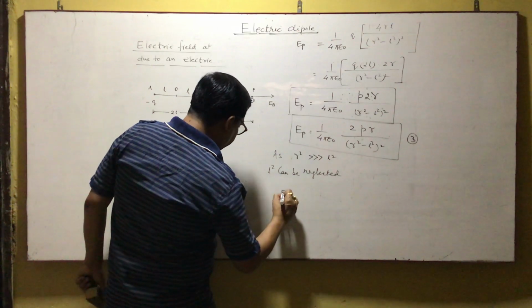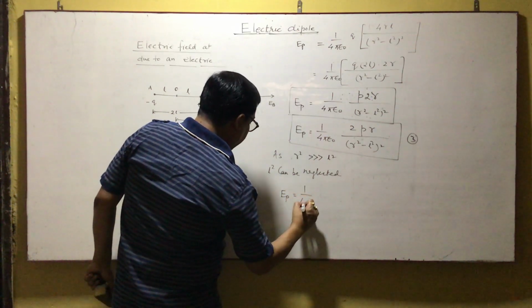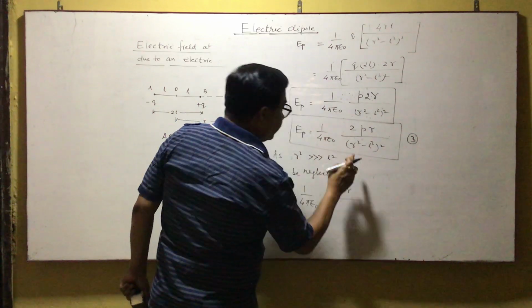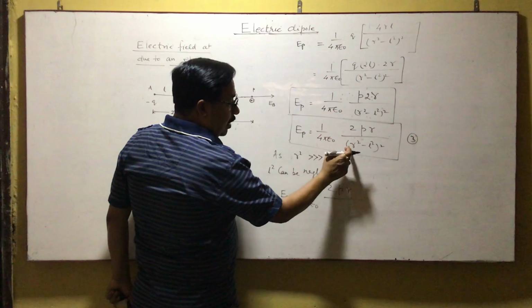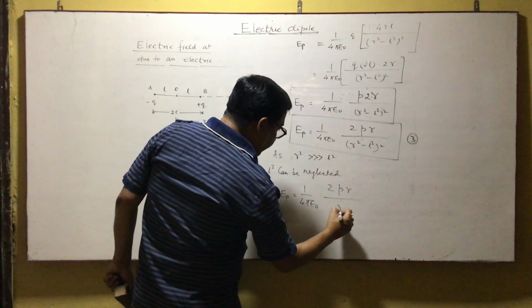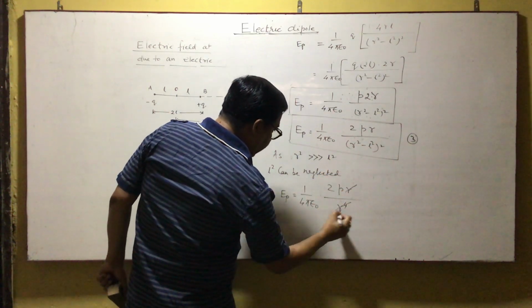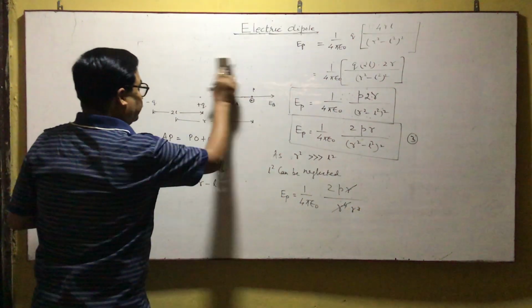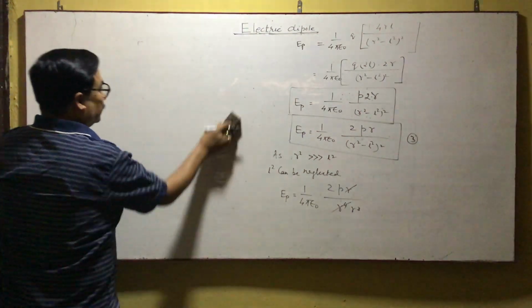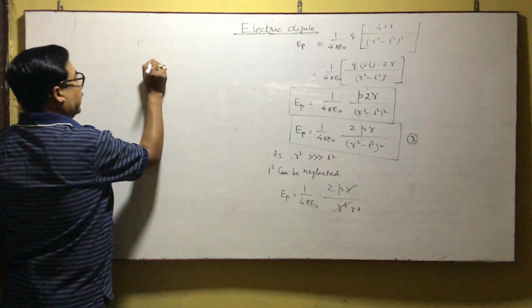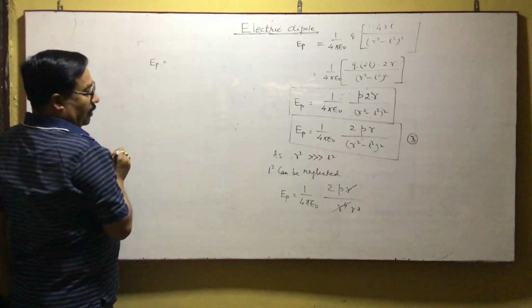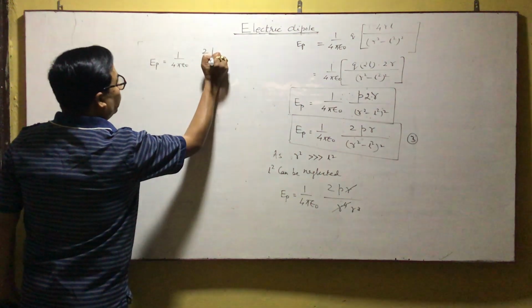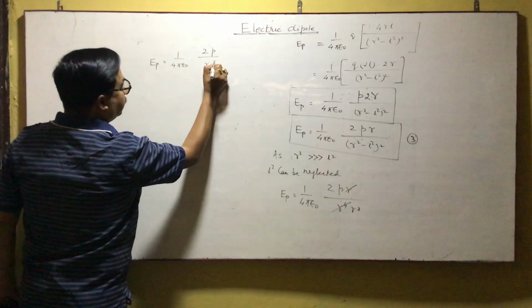Then the formula of EP will be the simplified formula 1 by 4 pi epsilon naught, 2PR upon R square to the power square, which means R to the power 4. So one R cancels, and the final result of electric field is 1 by 4 pi epsilon naught, 2P upon R cube.